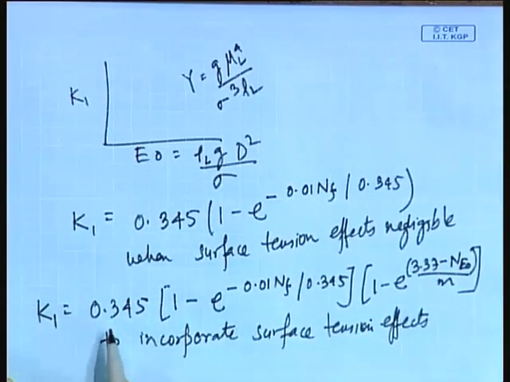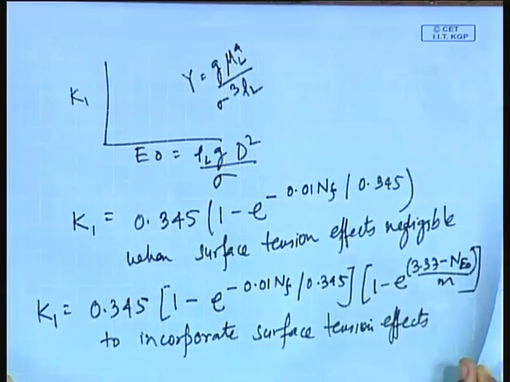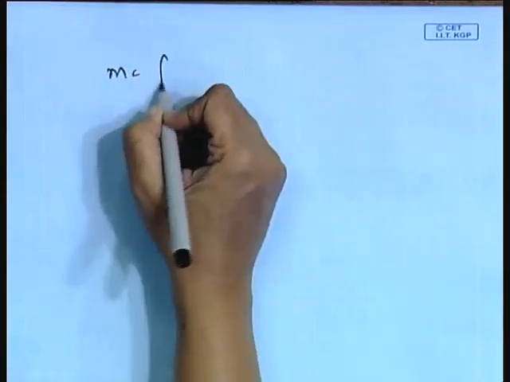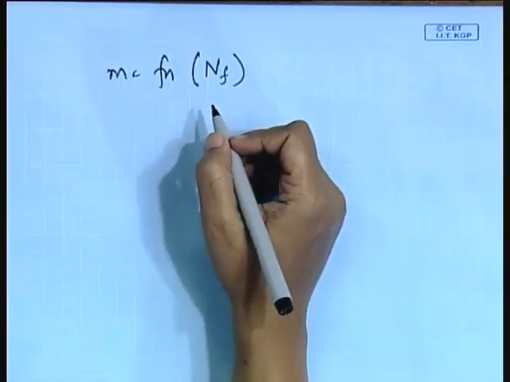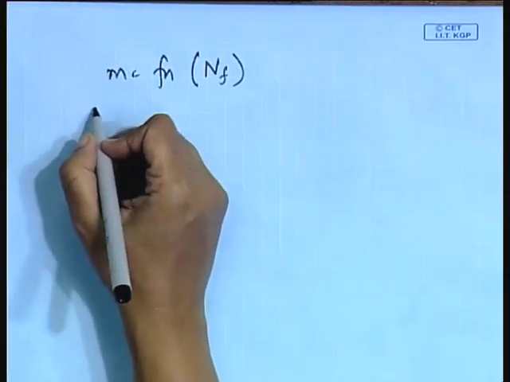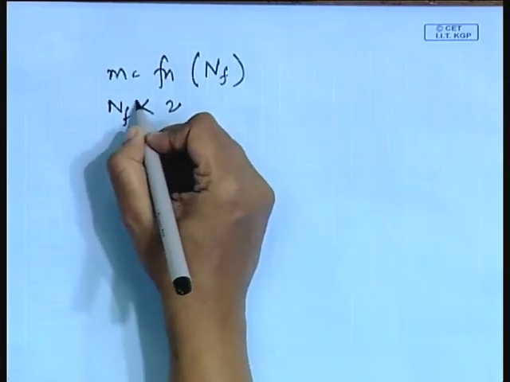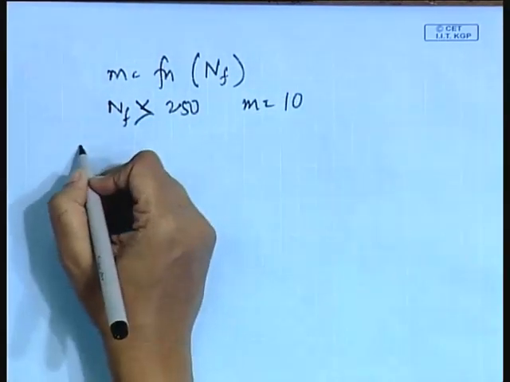When inertia, viscous and surface tension all are important, then this particular expression should be used, where m can take up different values. These particular values, they are more or less available in textbooks. We find that m is a function of your inverse viscosity number which has been named, and usually when NF is greater than 250, m equals 10, you will find this in textbooks.